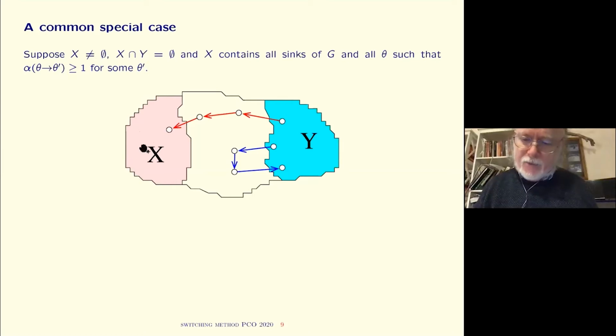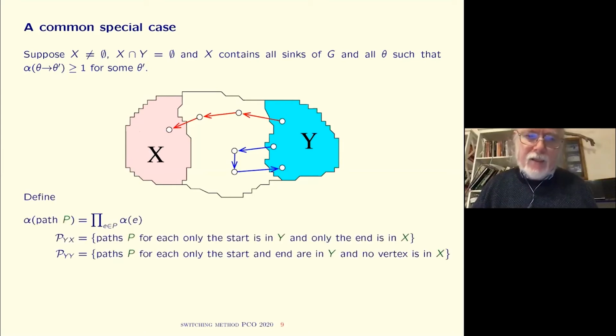And if the graph looks like that, then we can define the optimum like this. Define alpha of a path is just, of course, the product of the alphas along a path.